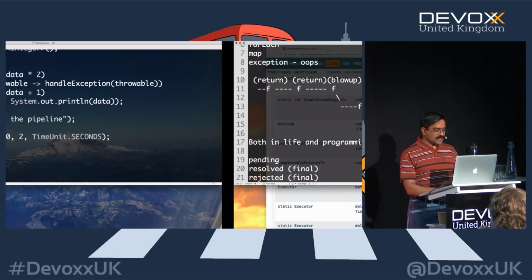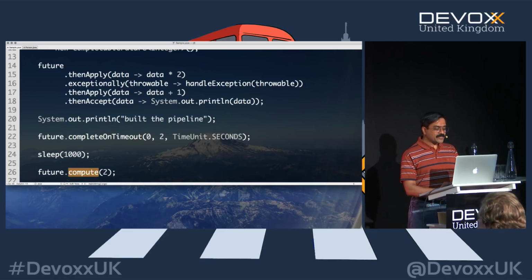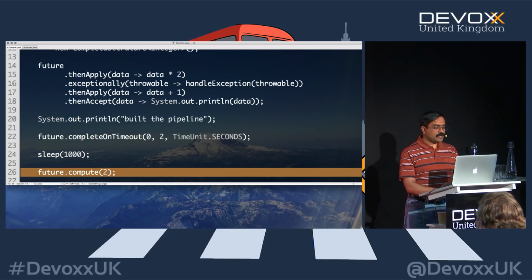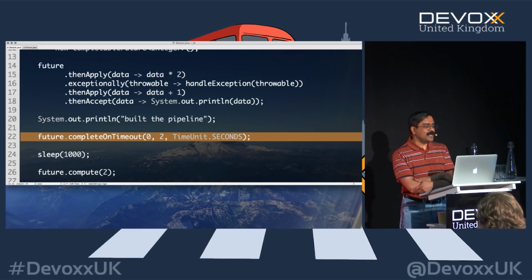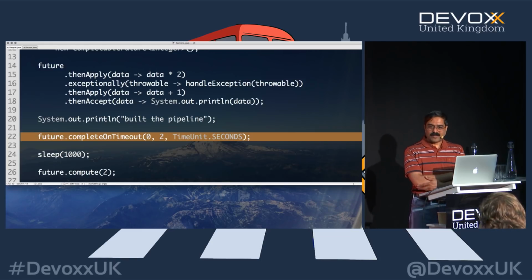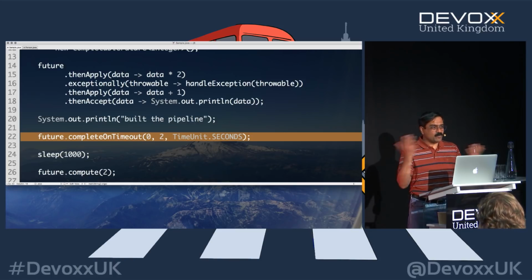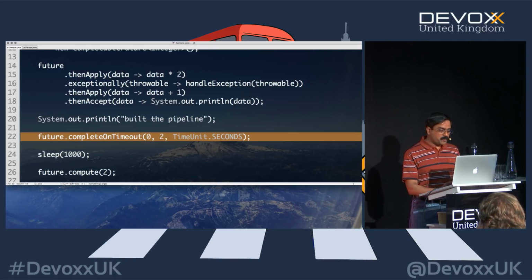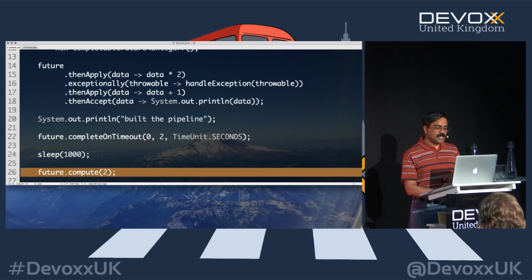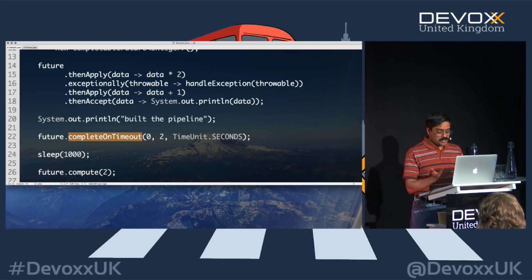So if you complete it successfully, then this becomes a no-op. You cannot resolve a resolved completable future. You cannot resolve a rejected future and vice versa. So because it's been resolved right here, this will have no effect on it, which is good news.